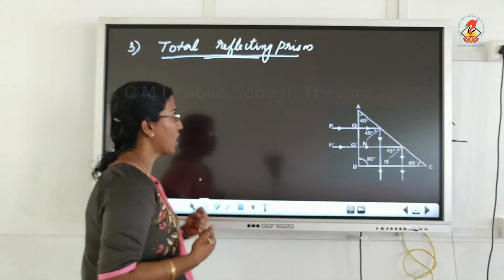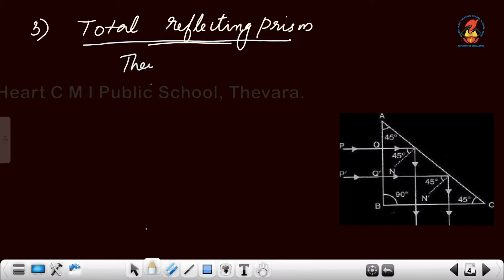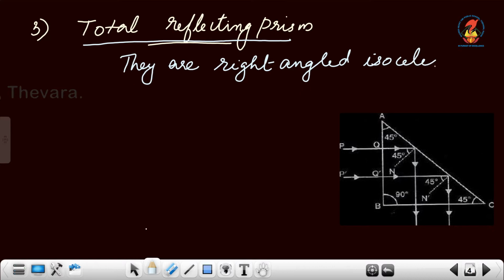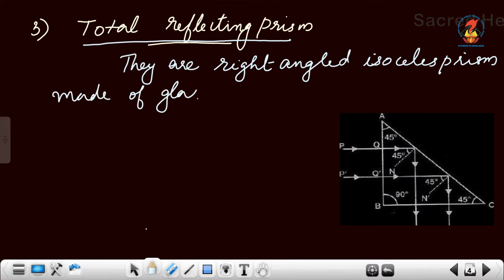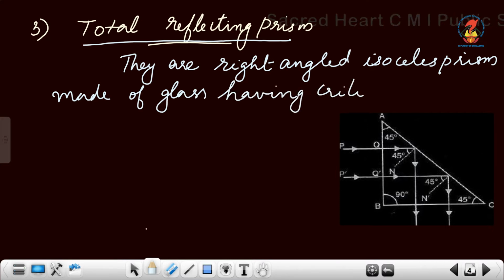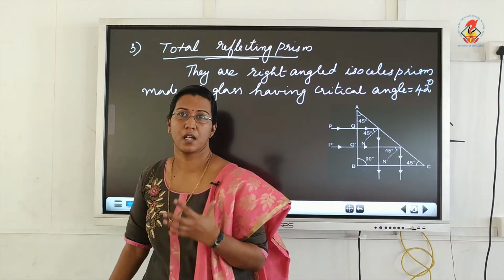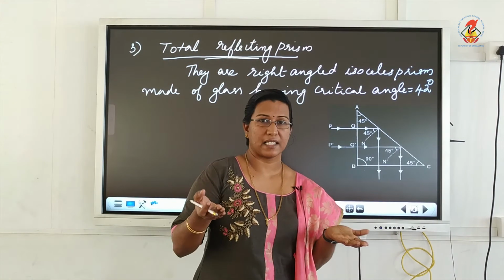Basically, total reflecting prisms are right angled isosceles prisms made of glass, having critical angle equal to 42 degree.